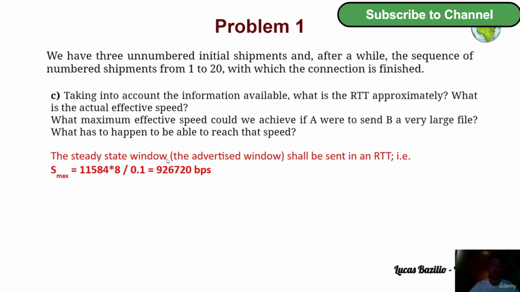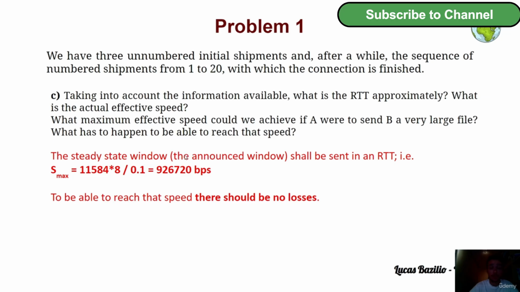Once again, we need to send the size of the advertised window in only one round trip time. This gives us the maximum effective speed. So what has to happen to be able to reach that speed? Whenever we want to reach the maximum effective speed in a TCP connection, the condition is that there should be no losses in the TCP connection.